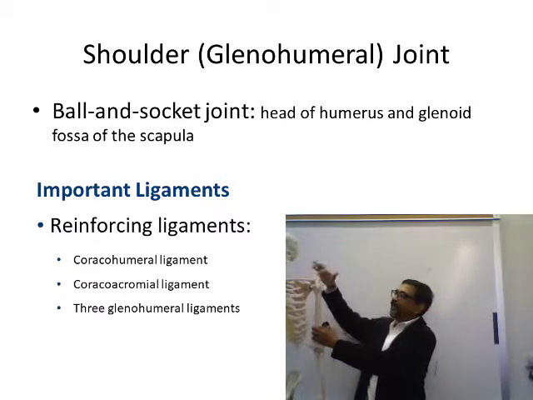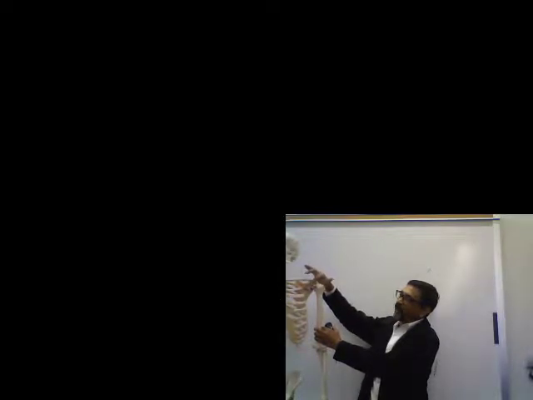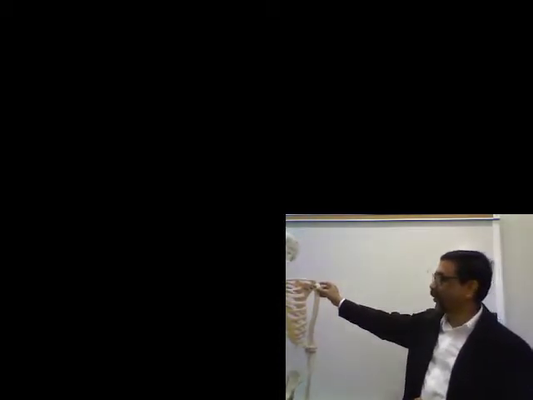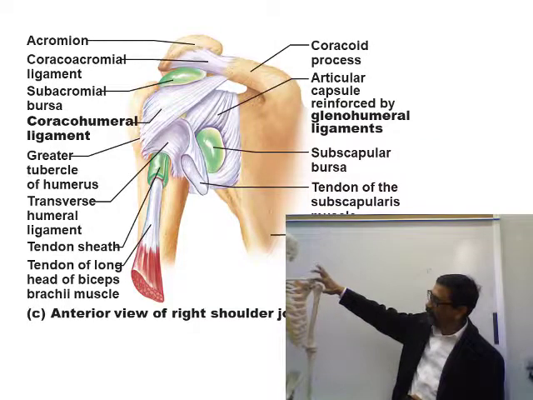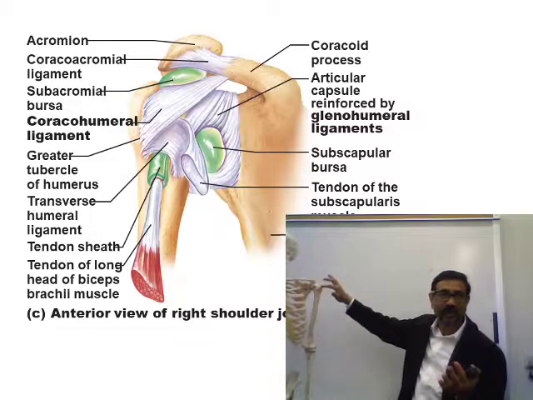This is the coracoid process of the scapula, like the beak of a bird I mentioned, and this is the upper end of the humerus. So the ligament is like this, from the coracoid to the humerus. Coracohumeral ligament.